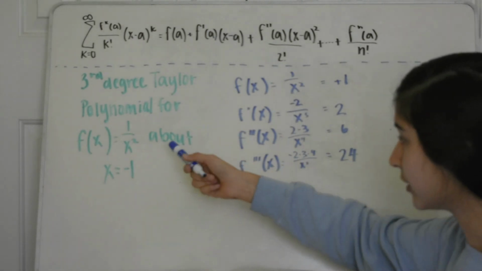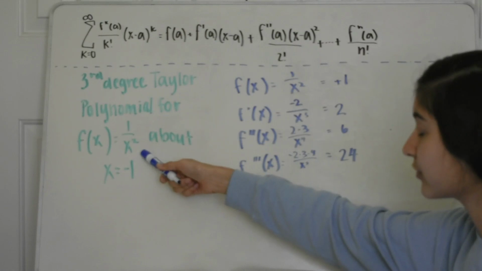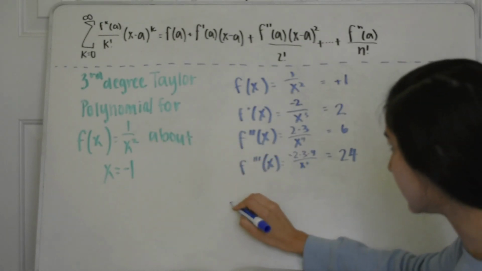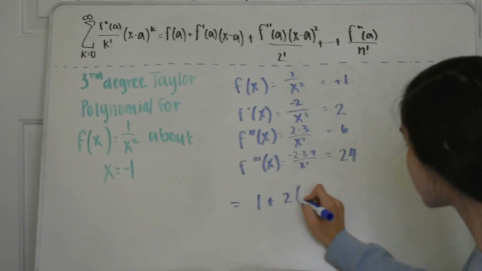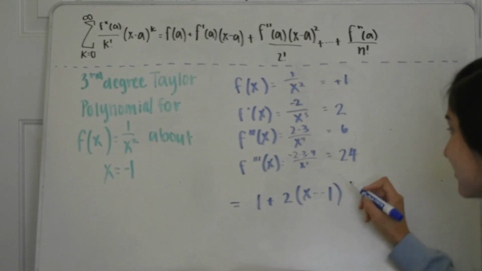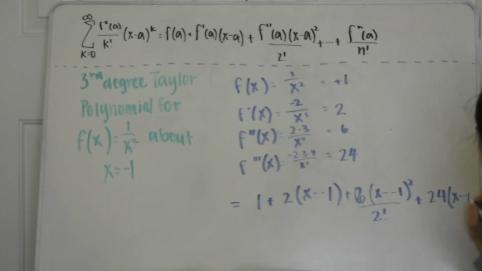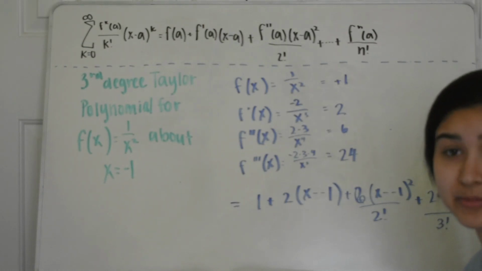So the third degree polynomial for f of x equals 1 over x squared is actually equal to... watch your negatives. And then you can simplify from here.